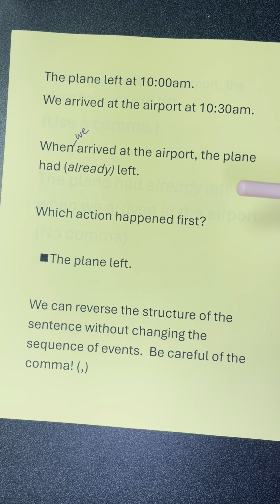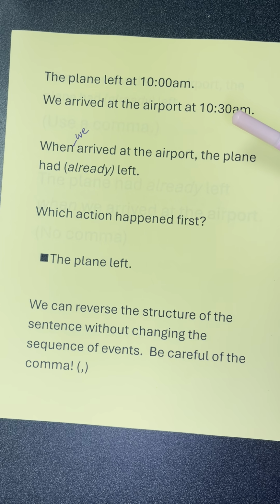Which one happened first? Well, that would be the one with the past perfect, okay, which is the plane left. The plane had left. I put the word already in parentheses because with this tense, we often use the word already.